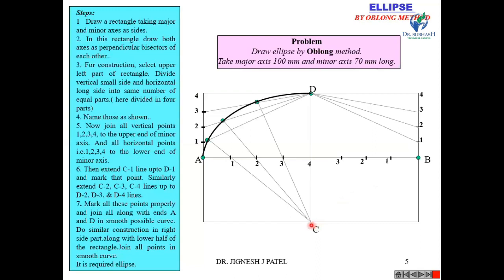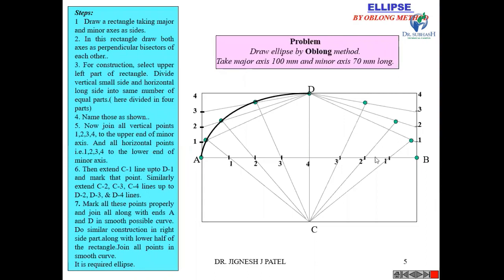Similarly, here join C1 and extend it up to D1, C2 up to D2, C3 up to D3. Join all these points by a smooth curve. Similarly, repeat this process below the AB line. So you will get the complete ellipse. This method is known as the oblong method, or you can say the rectangle method.